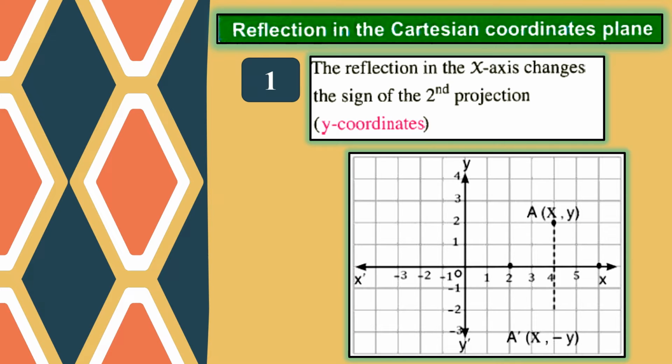Here, the point A has Cartesian coordinates x and y, and the reflection of A is A dash, so the reflection of it is x and negative y. This is our rule.